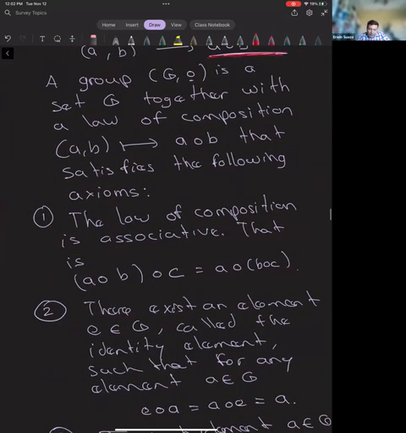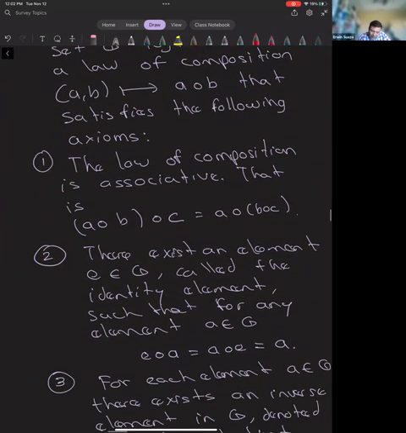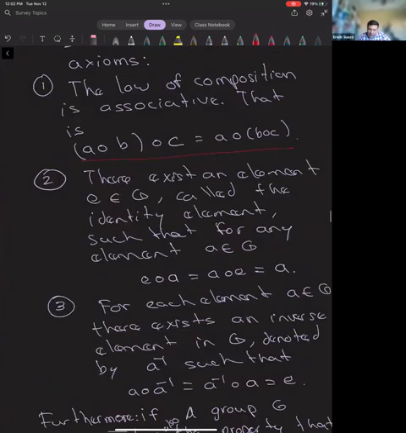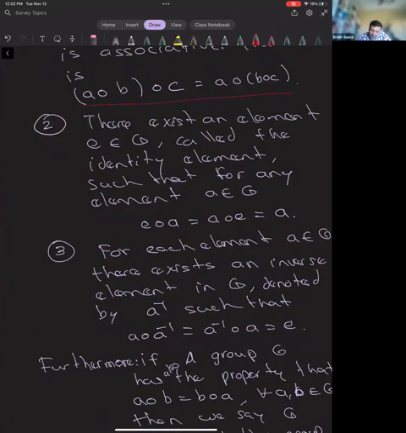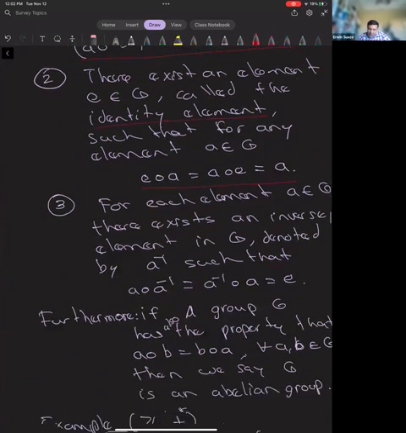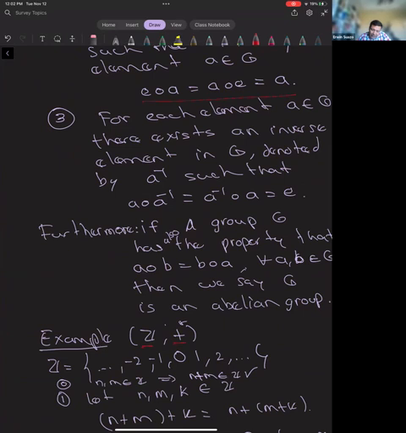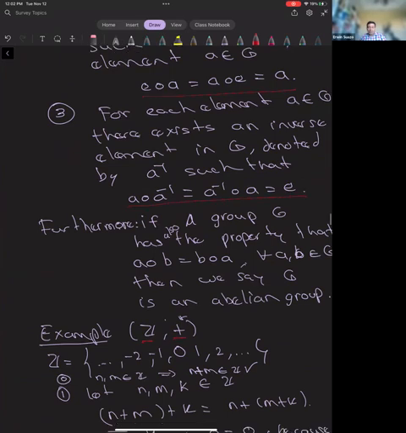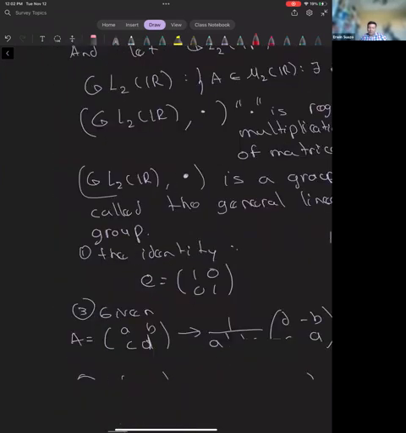So the operation you define has to be associative. It has to have an identity element, and every element of the group must have an inverse. And those are pretty much the properties that we need.